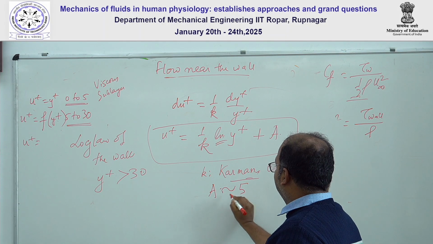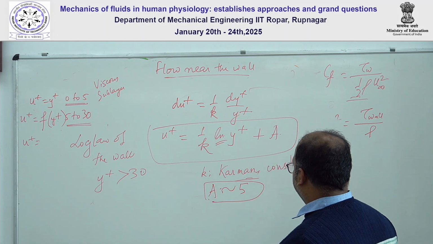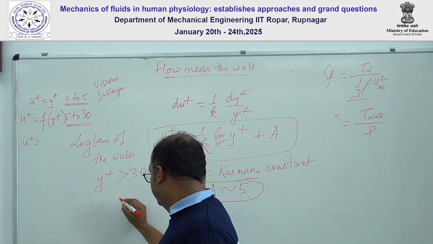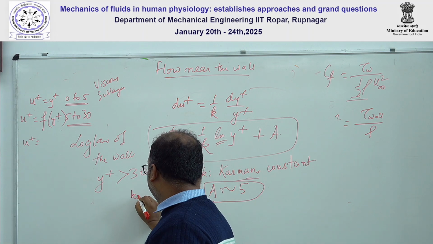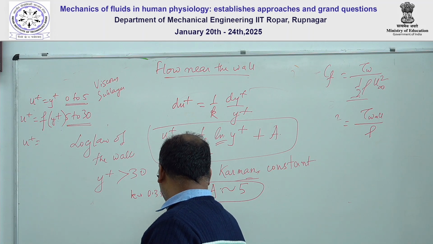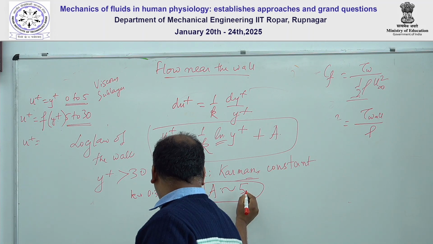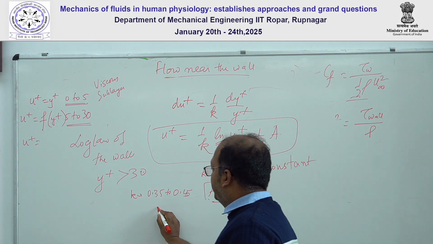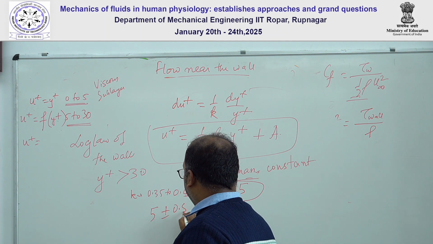People doing simulations or experiments find k is around 0.35 to 0.45, and a is around 5, like 5 plus minus 0.5.